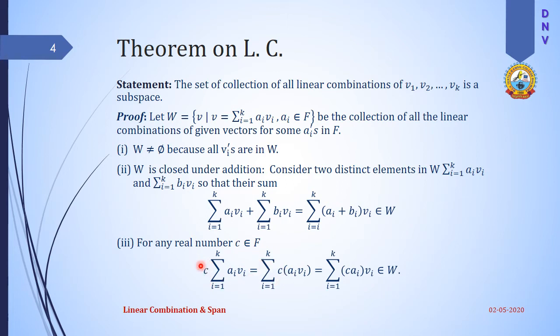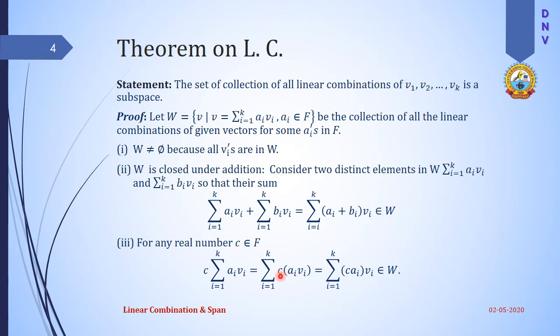If this is the constant, if I take it inside, I can write it as c times the bracket of the summation aivi, which I can always do. The property of vector spaces says that two real numbers when multiplied by a vector always have the associative property.